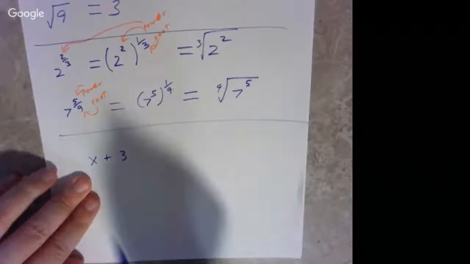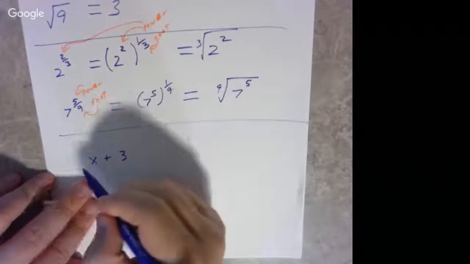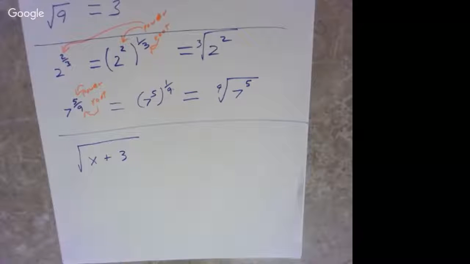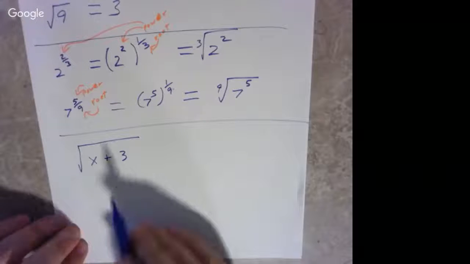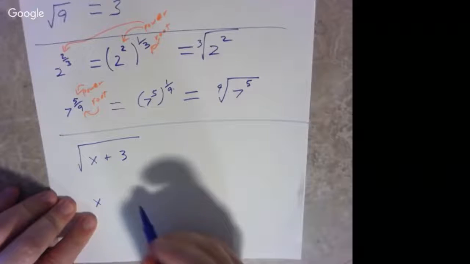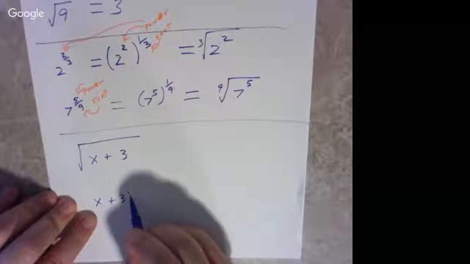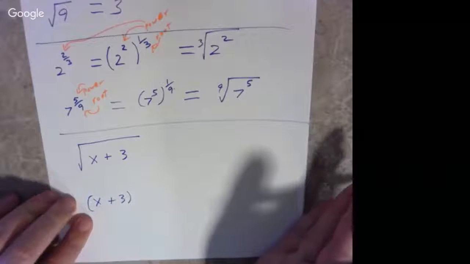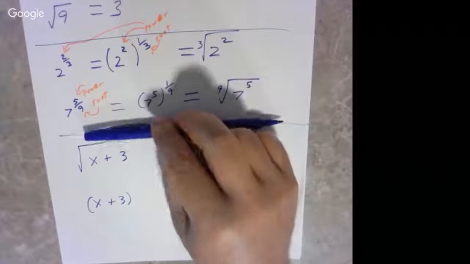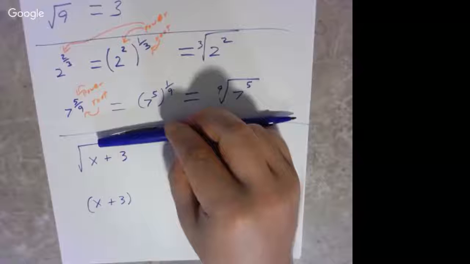What if we had x plus 3 on the inside of a square root? How this would be represented is x plus 3 inside of parentheses, because we notice that the roof of this house is not just over the x.